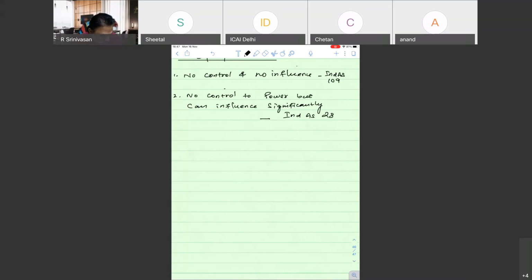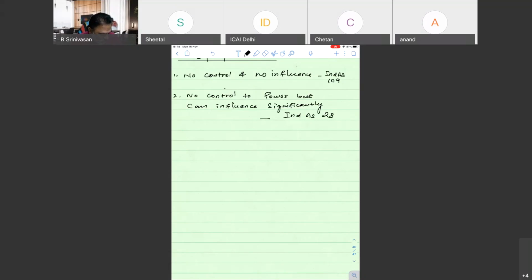Investment entails 20% voting power and significant influence over Q. P does have joint control of Q, a joint venture. Investment entails significant influence over Q, which is a joint venture. P does not have joint control of Q. P does not have significant influence over Q. P does not have joint control or significant influence over Q, which is a joint venture.